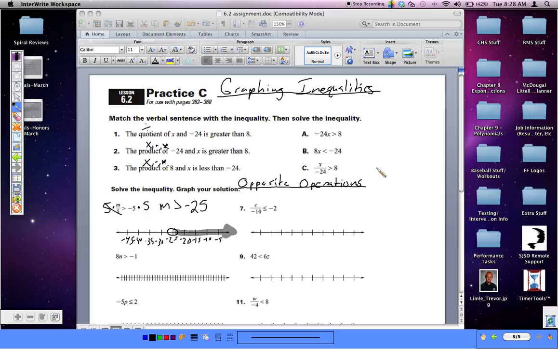So right alongside here, if we move a negative number by multiplication or division, what happens is the inequality sign changes direction.